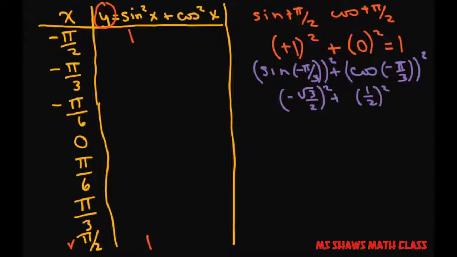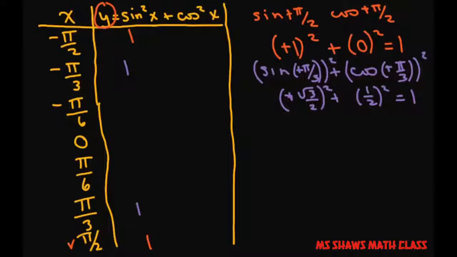When you square all that out, you get 1. When you put the pluses in here, this part turns positive, and so you get 1 here. So you can see where we're going with this.